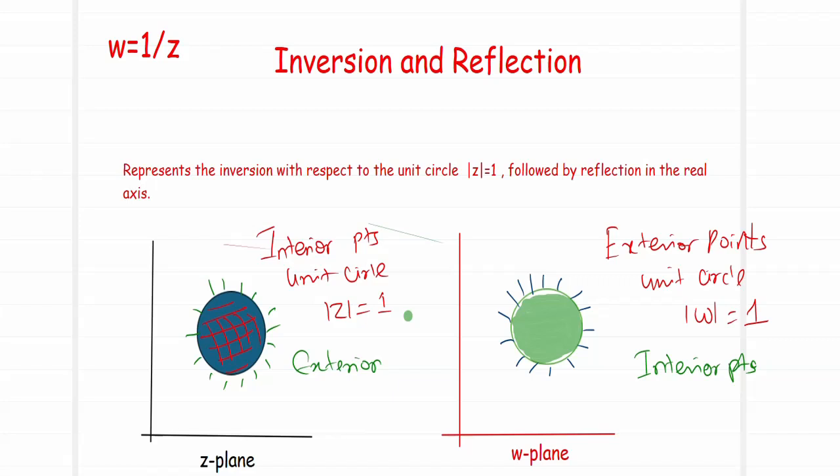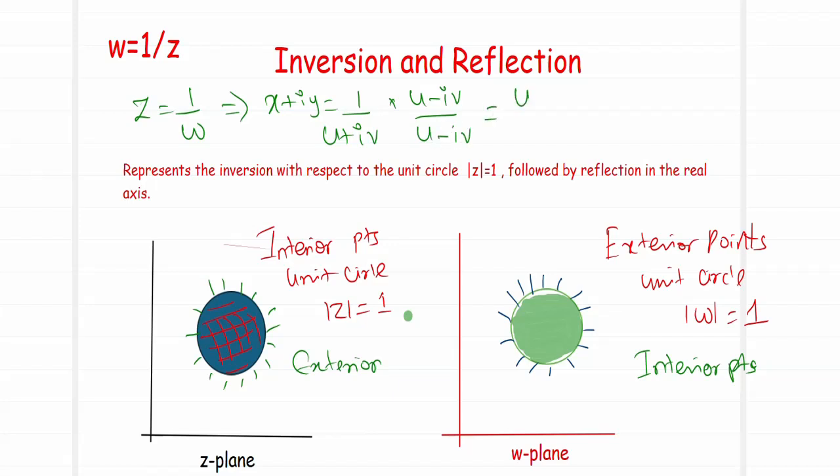Primarily, what happens over here is, when I have w equal to 1 by z, my z can be expressed as 1 by w. So this will give me x plus iy equal to 1 divided by u plus iv. So I can multiply and divide by u minus iv to make the denominator a real number.